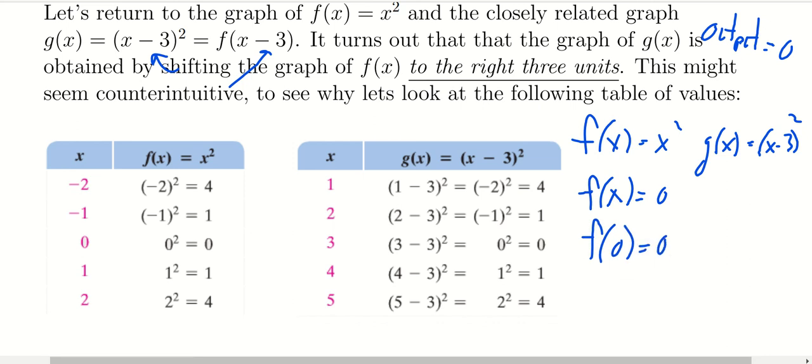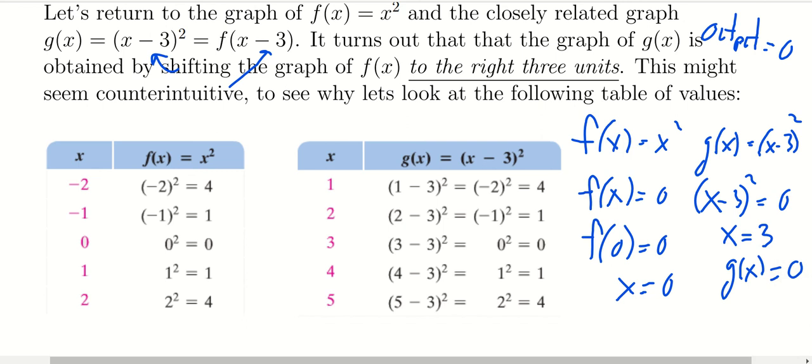Now, what would be the similar value we would need to plug into g of x in order to get a 0 output? In other words, for what value of x would g of x be equal to 0? Well, we plug 0 into f to get out 0, but for the graph of g, because we're subtracting 3 on the inside, in order to get a 0 output, the value for x has to be equal to positive 3, okay?